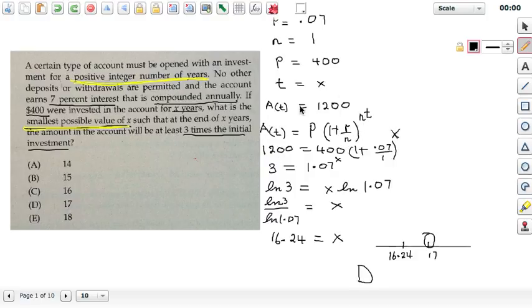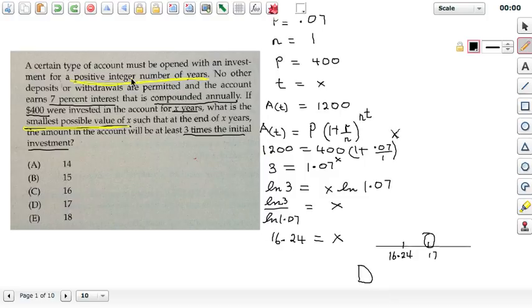So substituting all our numbers in the equation and solving for x using natural logarithm. Here I divided by 400 to get 3. Then if I log both sides, I bring the x down. X is equal to natural log of 3 divided by log of 1.07, and I get 16.24.